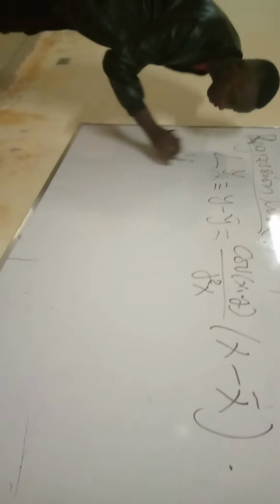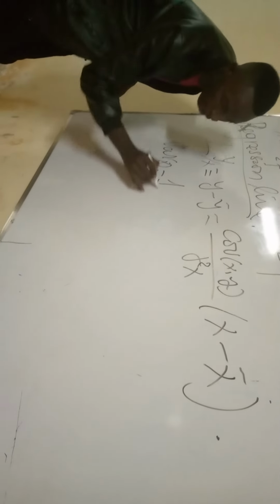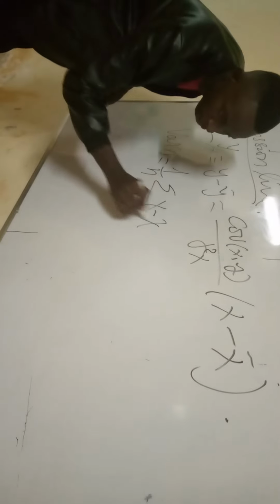And the variance of x will be equal to 1 over n, summation of x minus x mean squared. This is how you can find the variance.